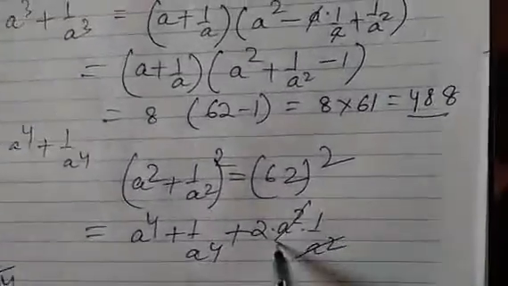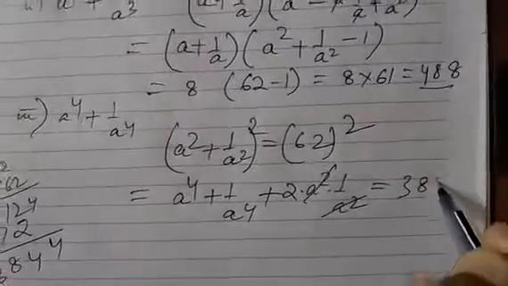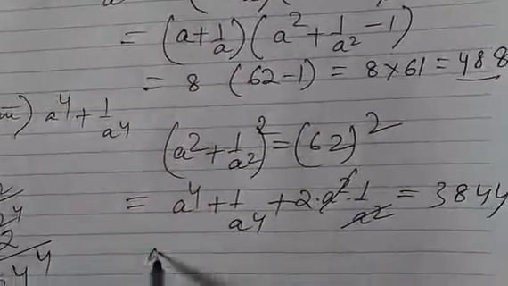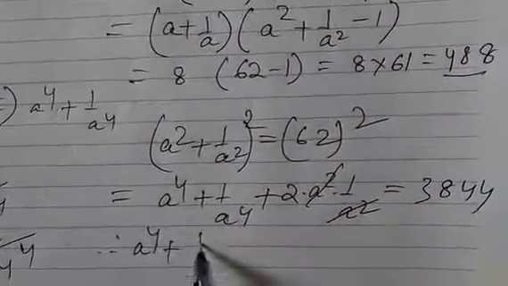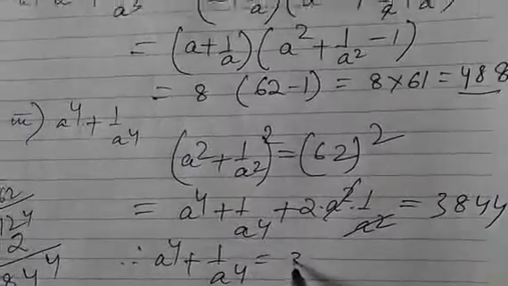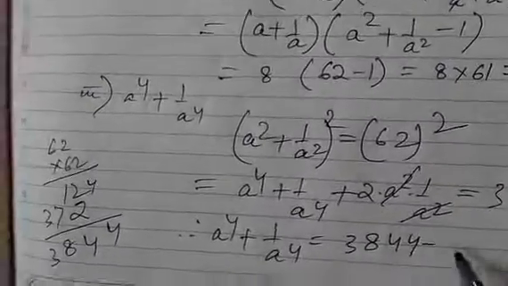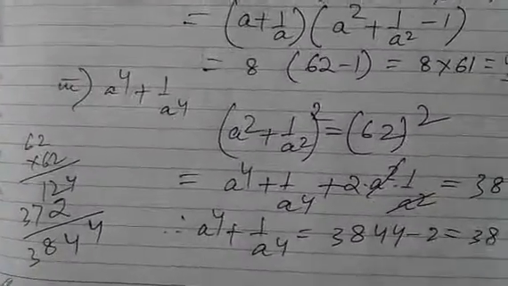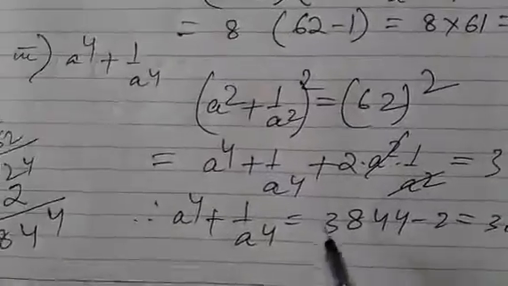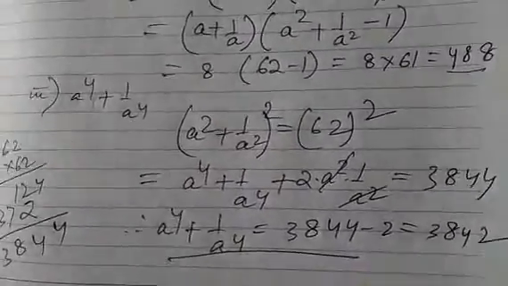The a square cancels. Therefore, a fourth plus 1 by a fourth is equal to 3844 minus 2, which is 3842. This completes the question. So this is your 3842.